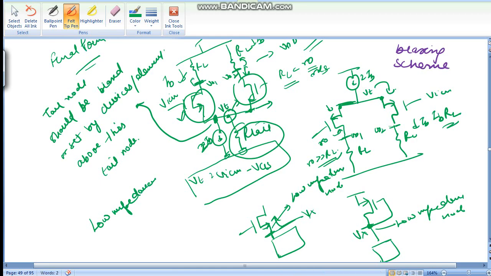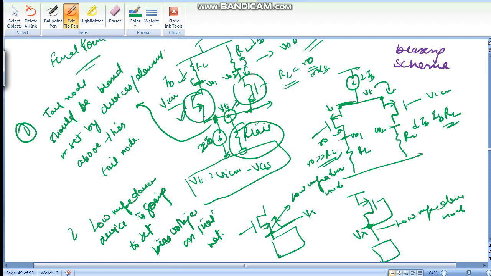So the low impedance device is going to set the bias voltage on that net. So this is point 1, this is point 2. These 2 points are important for biasing purposes. The second point is valid everywhere, in all kinds of circuits.